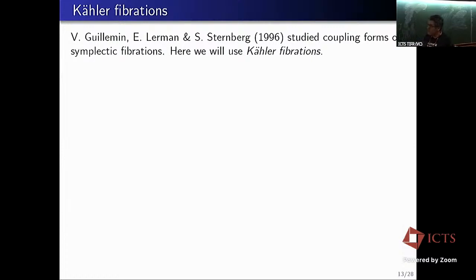And this will need some ingredients that were not in previous theses. The new ones are Kähler fibrations. So they are fibrations like this that are holomorphic, and they have a fiber-wise symplectic structure, okay?